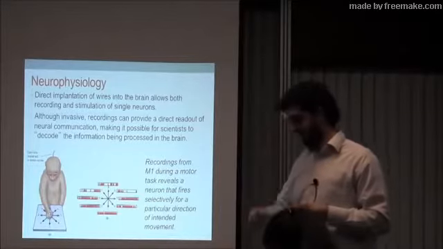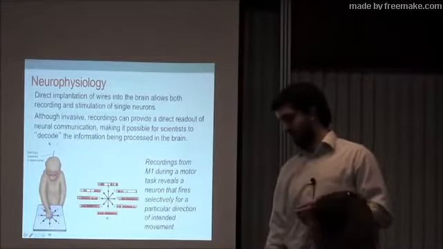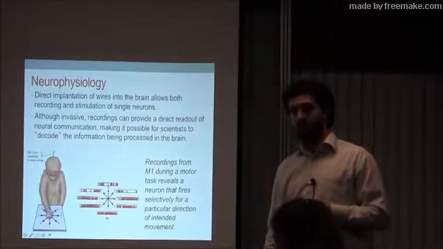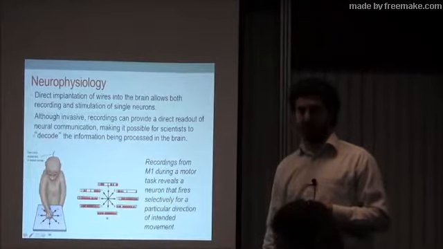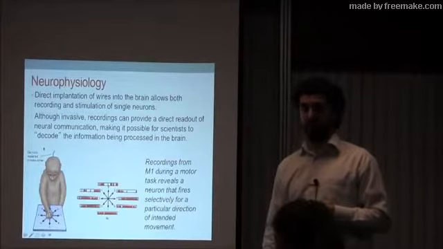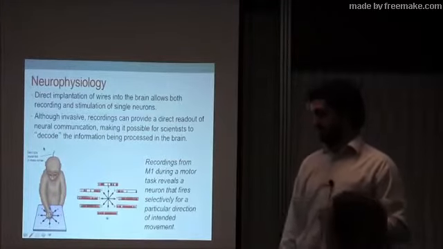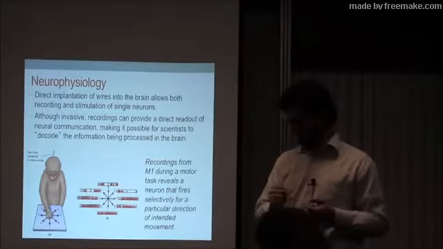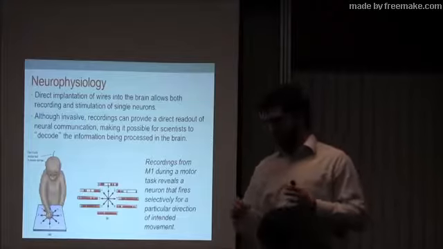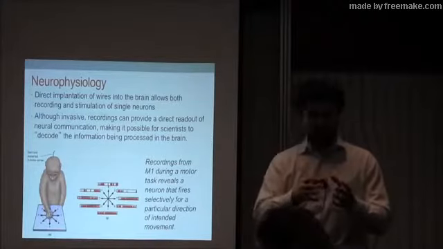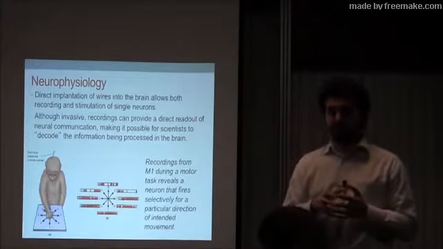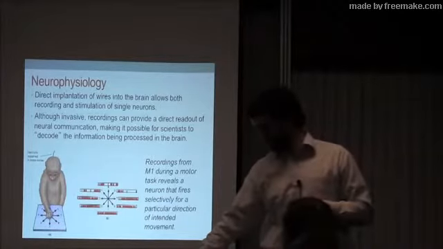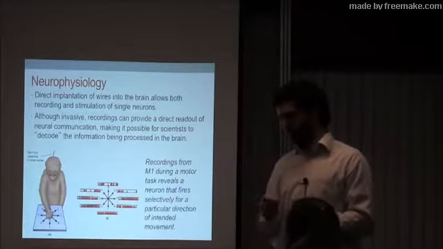In this particular experiment that you see the figure for here, an electrode was implanted in the motor cortex, the primary motor cortex in monkeys. The monkey was instructed to move a joystick right, left, up and down, and upon moving of that joystick, electrical activity in the neuron that was tagged with the electrode was recorded.